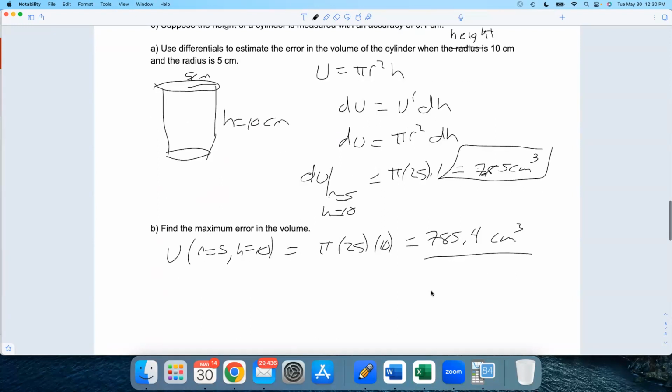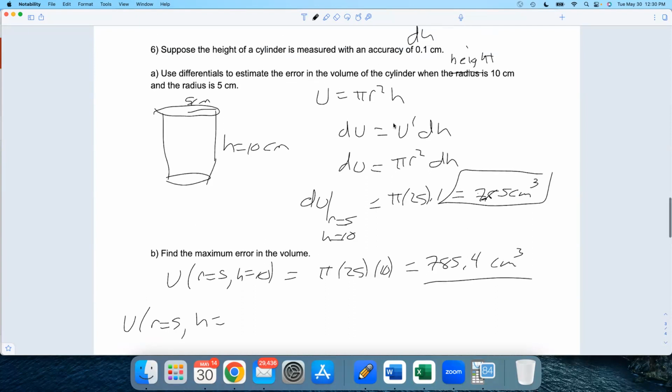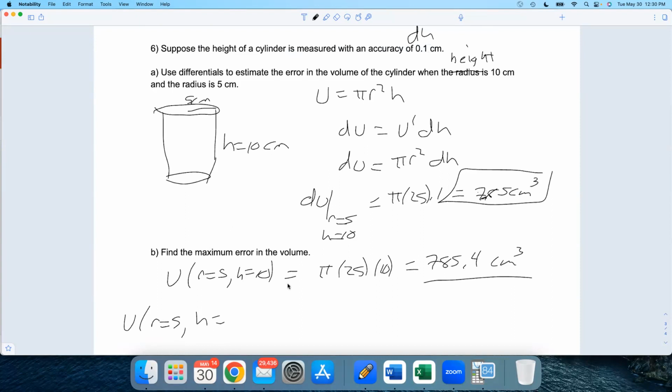That the machine may have made it too big. So maybe the machine messed up. The radius it's getting right, but maybe the height was 10 plus that extra, 10.1. So this would be pi times R squared, 25, times 10.1.